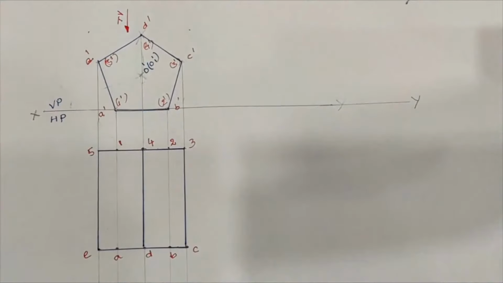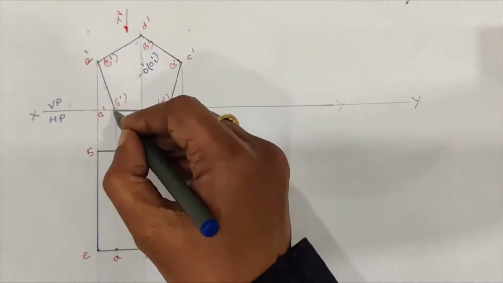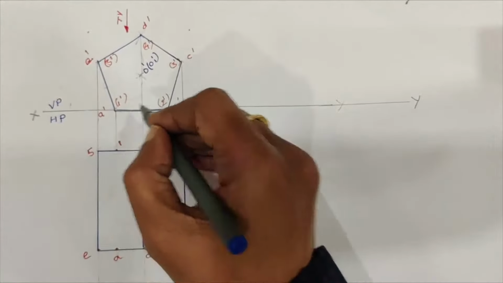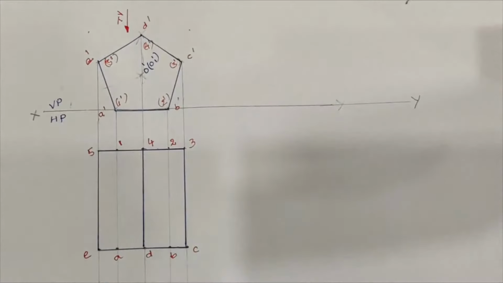Then identify the corners which are furthest from the observer and nearest to the XY line. For the observer, these A, B, 1, 2 points are furthest. Then draw the remaining lines starting with A as well as B, 1 as well as 2 as hidden lines.